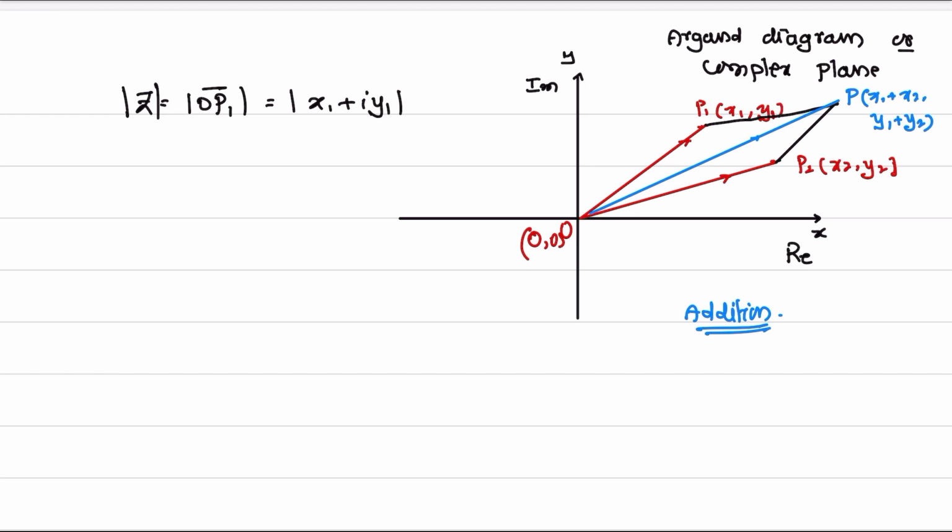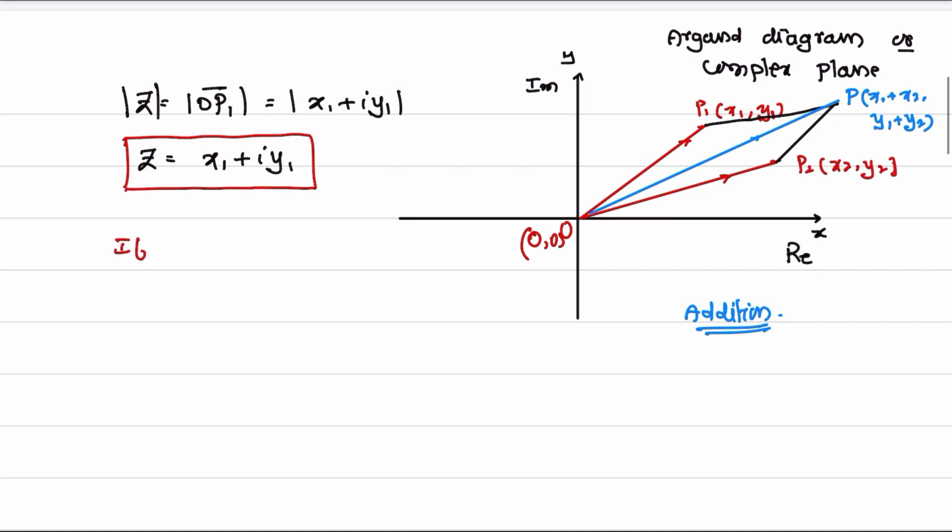Here we have to represent a complex number with both imaginary values and also real values. They can be 0 also. If the real value is 0, it is a pure imaginary number, and if the imaginary value is 0, then it will become a pure real number.